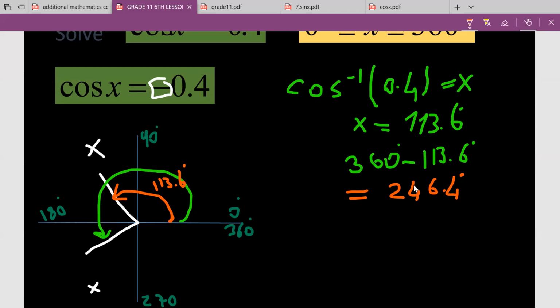To find the cosine value, we will find two solutions which are negative, in the second and third quadrant.